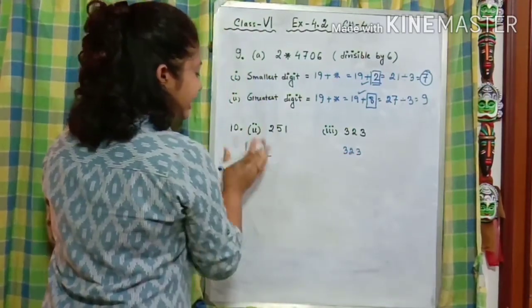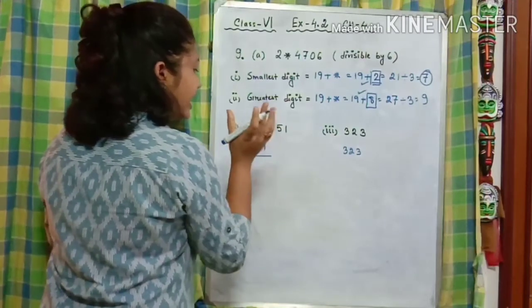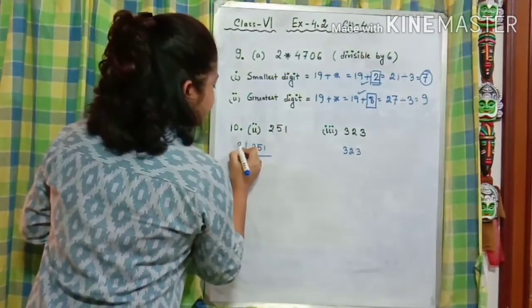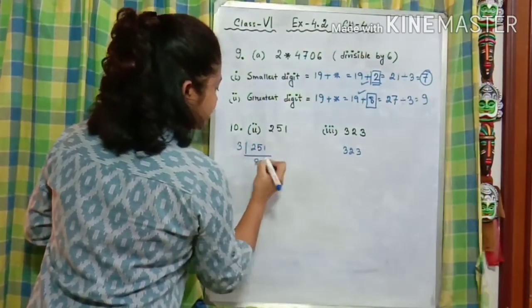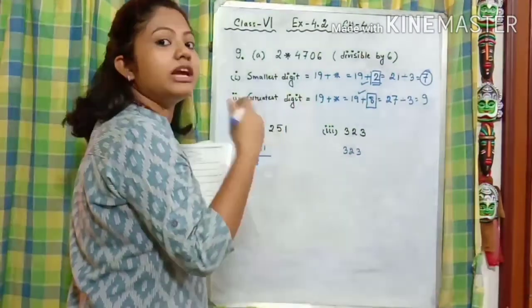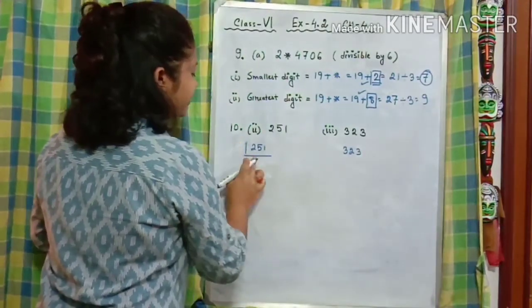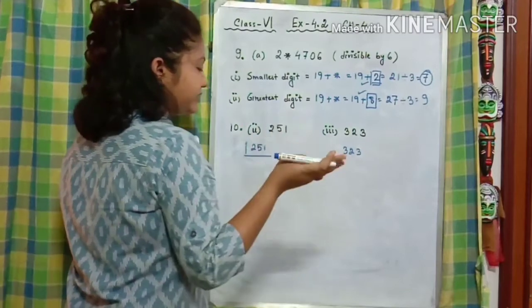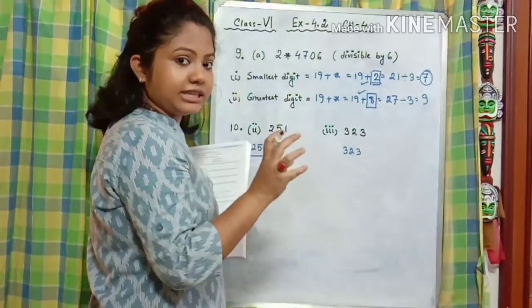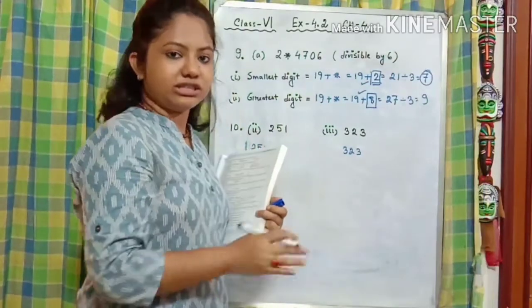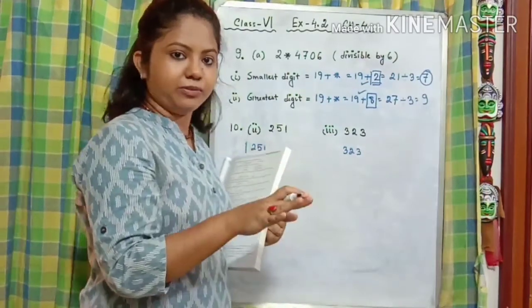In case of 251 we will see that it does not have any factors. Try it with 3: 3 8s are 24 and a remainder of 11 is coming, so it is not divisible by 3. Similarly 5, 6, 7, 1, 8. As it is 8, it is not divisible by 3, 9 or 6. We know the rules of divisibility, right?